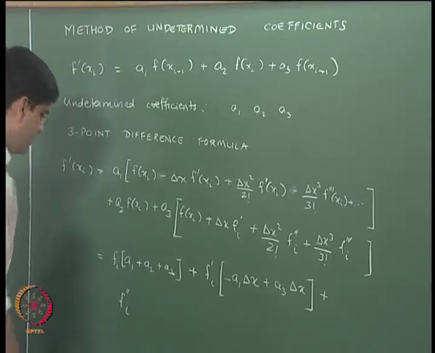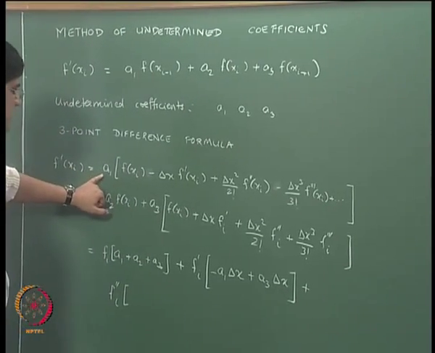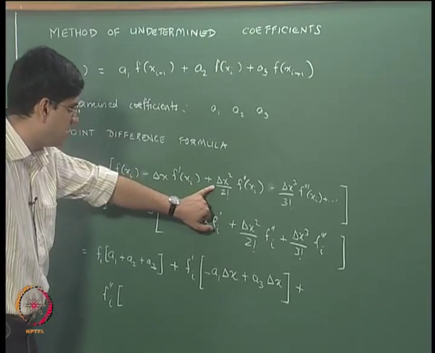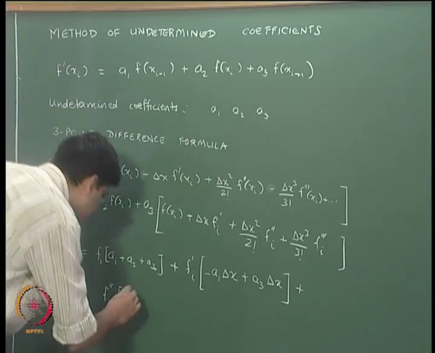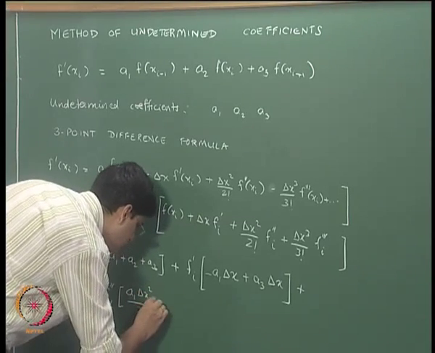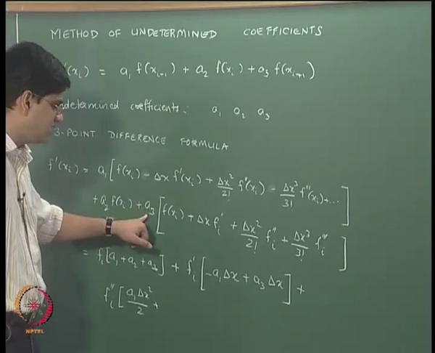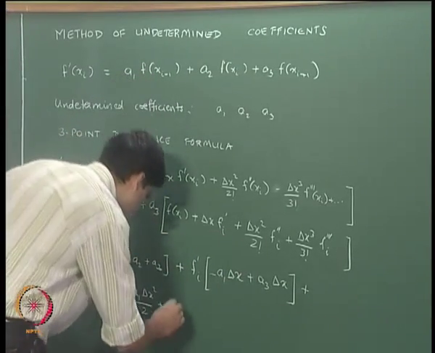Okay, plus f double dash of i, and the terms in f double dash of i are going to be a1 delta x squared by 2, plus a2 multiplied by 0, plus a3 multiplied by delta x squared by 2.